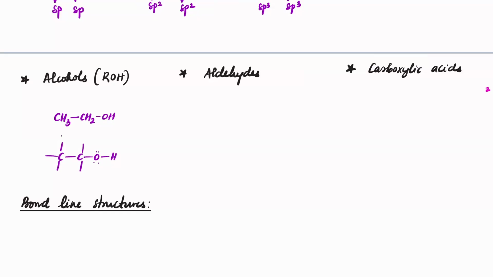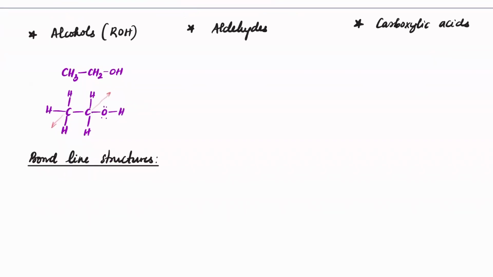If you check the hybridization, these two carbons have four connections each, and oxygen has two connections and two lone pairs. So that clearly makes this sp3, this sp3, and this sp3. If the oxygen of an OH group is connected, then that is called alcohol. In this particular alcohol, we have carbon as sp3, and this carbon also sp3.